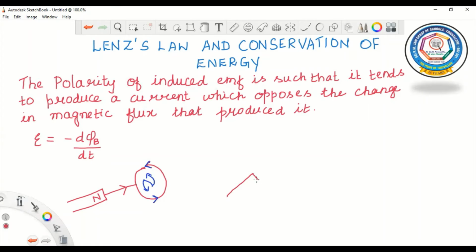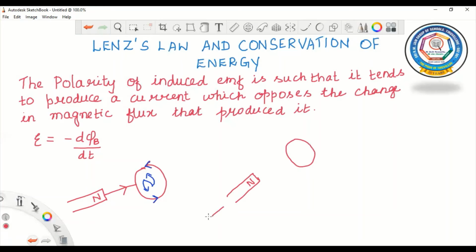So this is the bar magnet. This is the north pole of the bar magnet. And again, we are going to consider a coil which is present here.